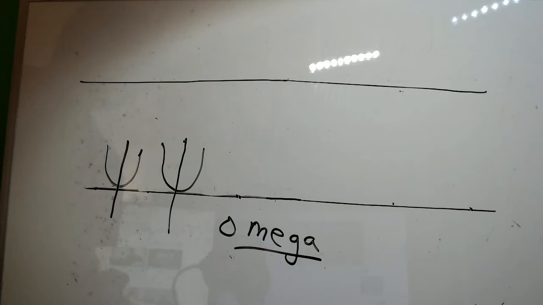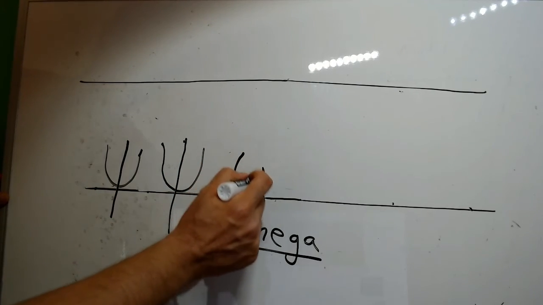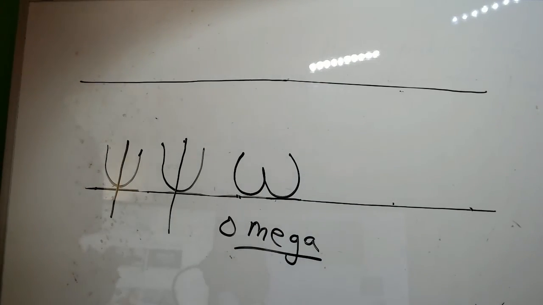And so this is going to be your long O, and this is pronounced O, and it's written like a cursive W, a rounded cursive W. So be careful with this one. It looks a lot like a W, but it is pronounced O, the long O, like the O in gold.